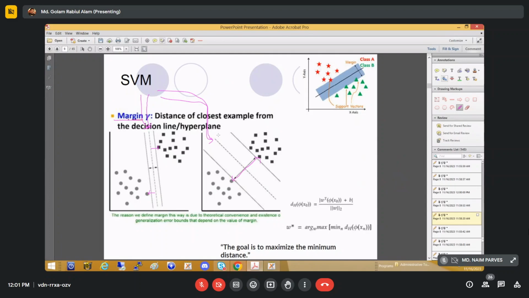The hyperplane we have to place in the middle. Here it is also in the middle, but this one ensures more distance than this one. That means the expected hyperplane is this one.